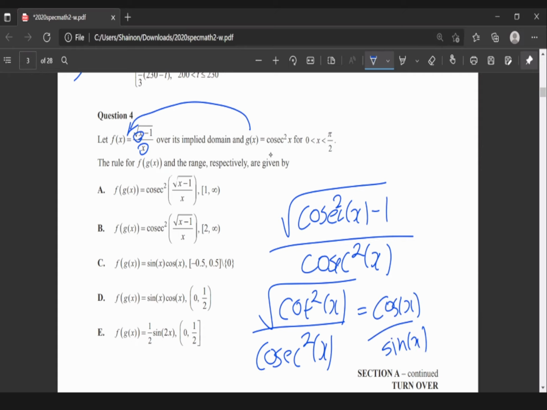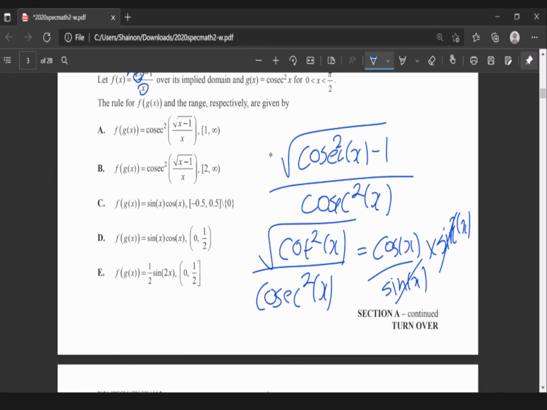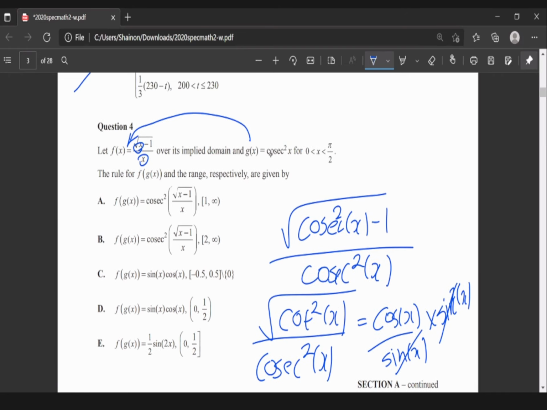And cosec squared of x is equal to 1 over sine squared of x. So then this just cancels. So then you get sine x cos x, which is equal to half sine 2x. So just going off ABCD, we can just see that it's E.